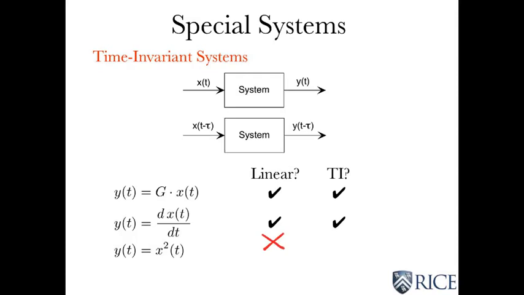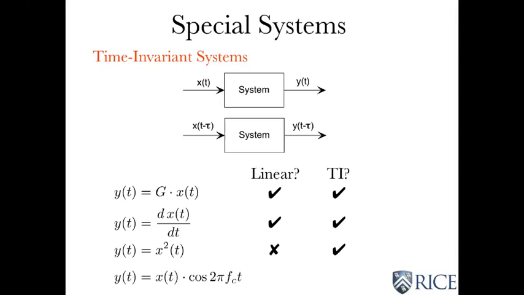How about time invariant? If I replace t by t minus tau, is that the same formula I get if I replace t minus tau in this input-output relationship? The answer is certainly it is. So this is an example of a nonlinear but time-invariant system.